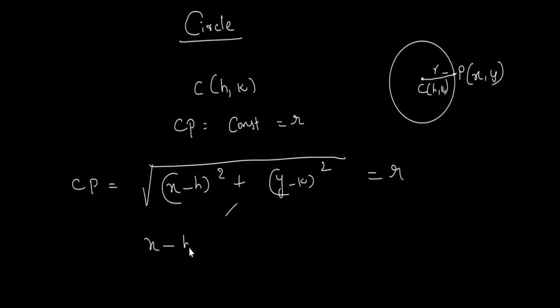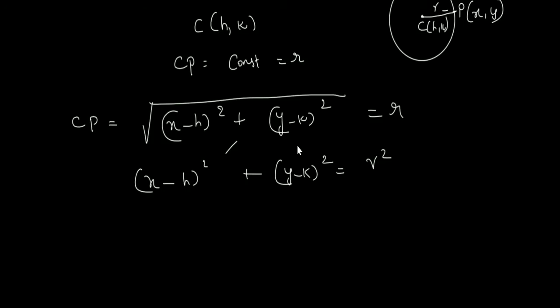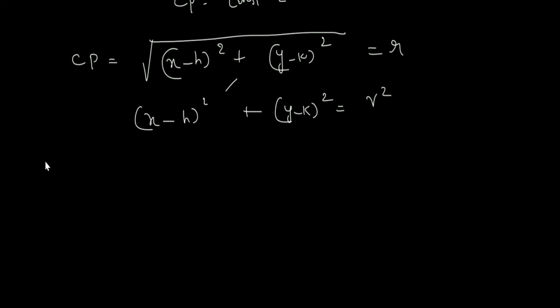So you will get (x minus h) the whole square plus (y minus k) the whole square is equal to R square. So this is the standard equation of the circle, when you know the center is at (h, k) and the radius is R.